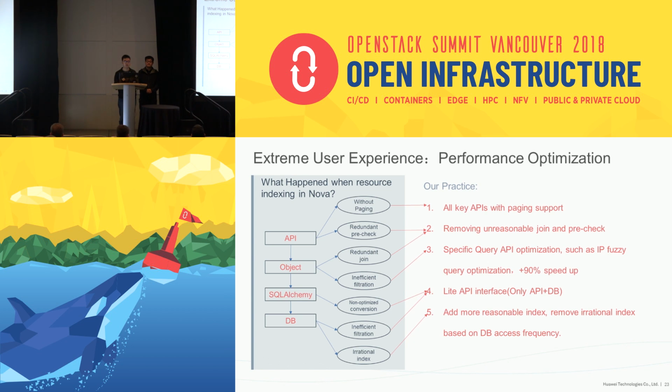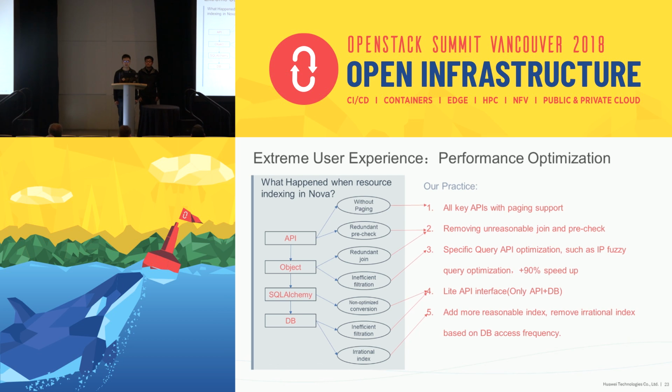We also do specific query API optimization to solve the inefficient filtration problem, such as the API fuzzy query optimization. We have made improvements of 90% speed up. We also use the native API interface to improve the inefficient database conversation.